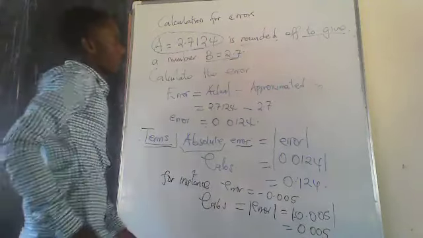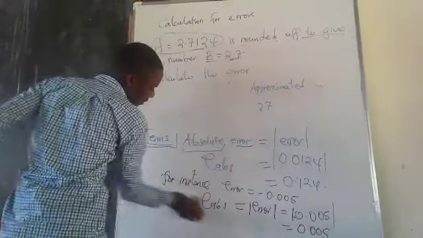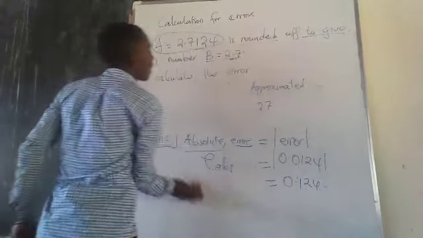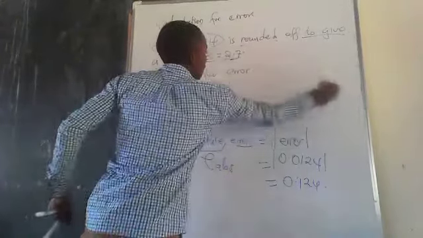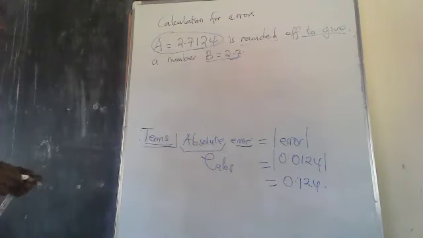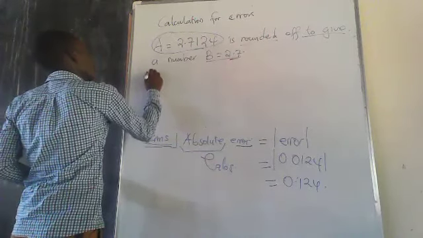Now, let us go to other terminologies. For example, relative error. The first one was absolute error. So we are using the same work. Now we are going to do what we call relative error.